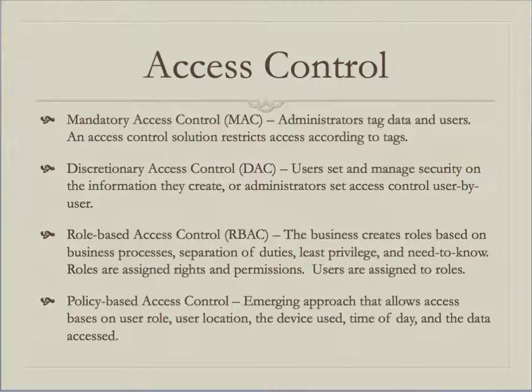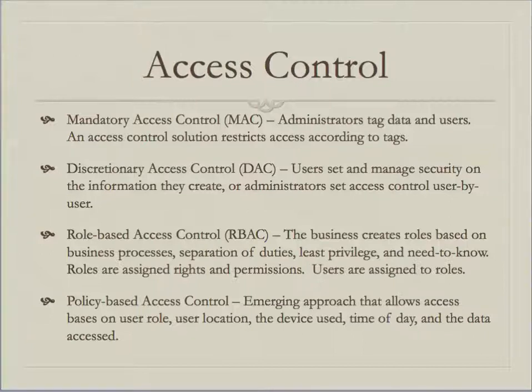It's hard to determine who has access to what, and it's hard to determine what access an individual user has. What we want to do is control what people have access to based on their job in the organization. We want to enforce least privilege, separation of duties, and need to know based on job role. The best way to do that is to use role-based access control.